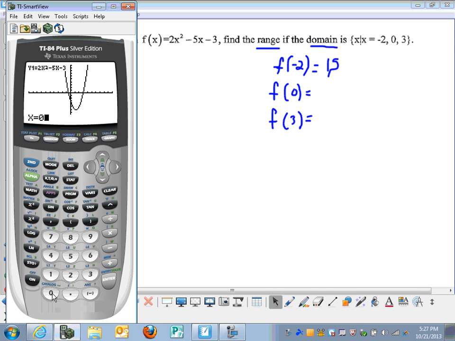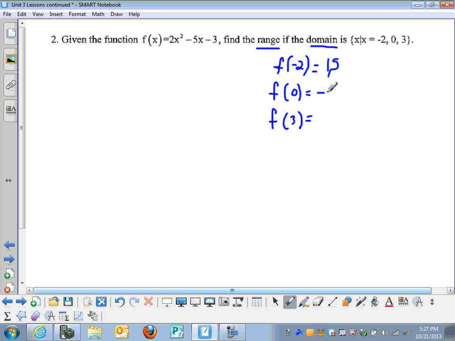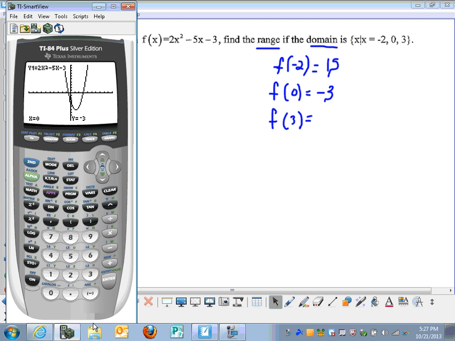And when x is 0, y is negative 3. And when x is 3, y is 0.